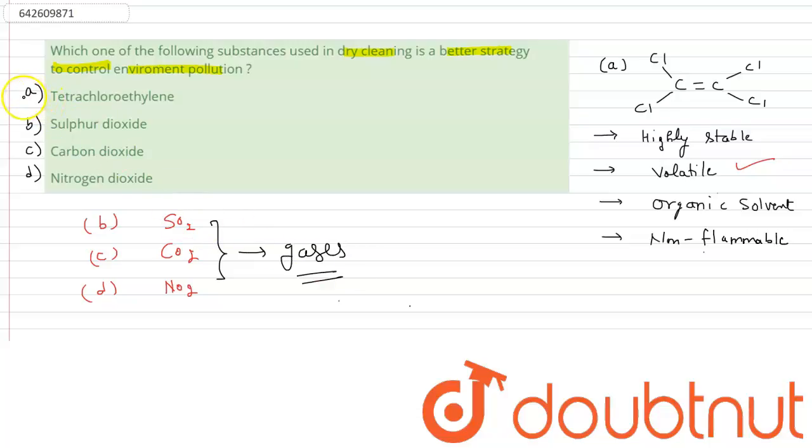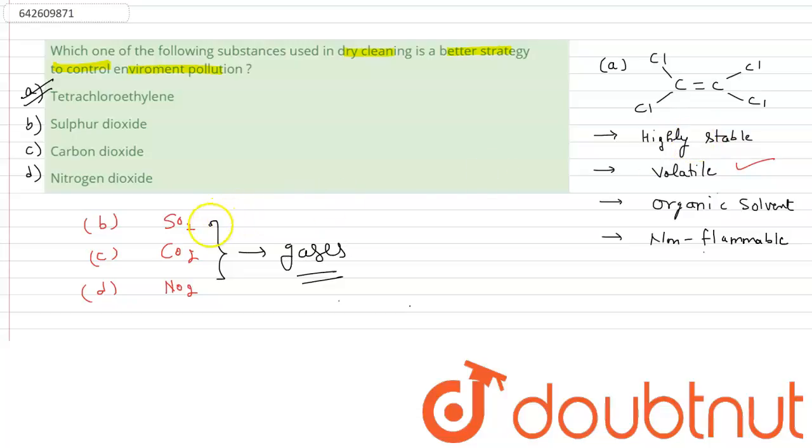So I can say that option A is the correct answer because it is a highly stable, volatile organic solvent and non-flammable, which is best for dry cleaning, and also best to control environmental pollution. Since it is highly stable, it does not react with any species, and due to this nature, it does not cause any environmental pollution.